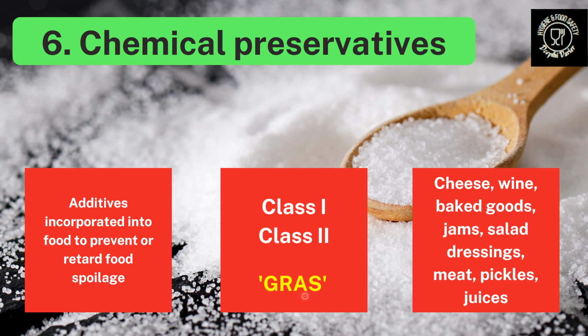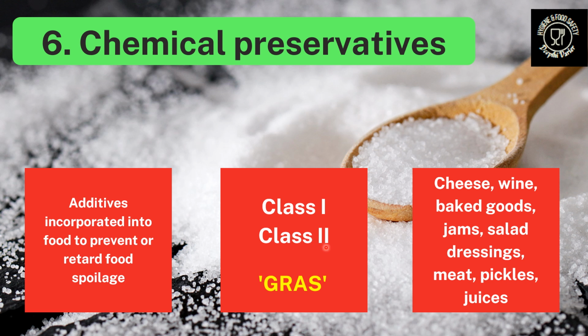Now, chemical preservatives can be either class 1 preservatives or class 2 preservatives. Examples of class 1 preservatives include sugar, salt, lime juice, vinegar, honey. However, class 2 preservatives are those which are obtained by chemical derivation of compounds like benzoic acid or sorbates, or using propionic acid, or using sulfur dioxide, nitrites.